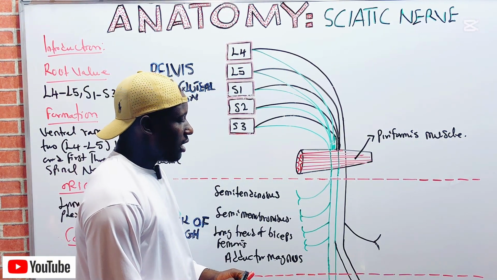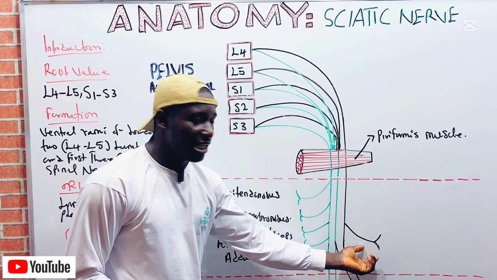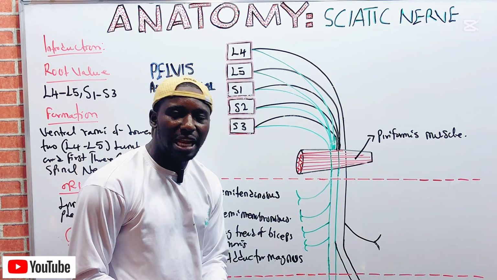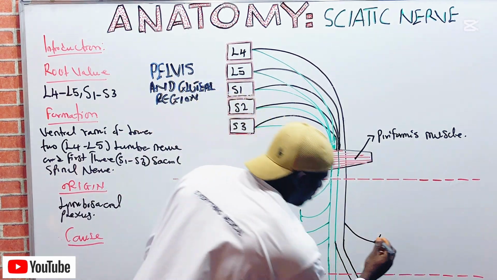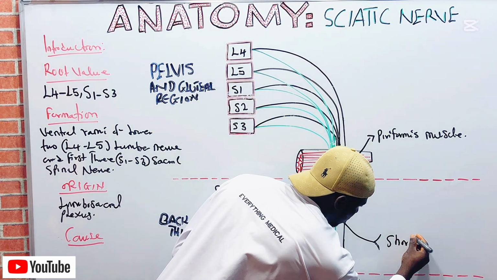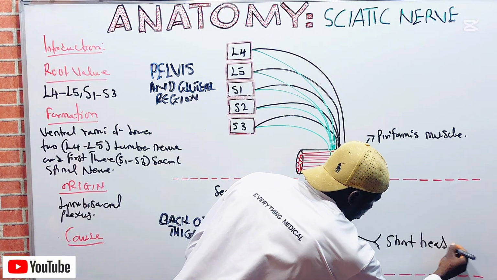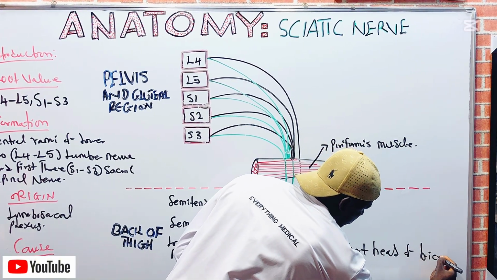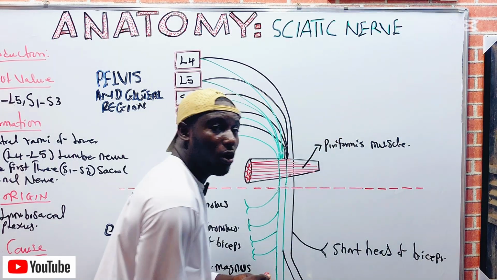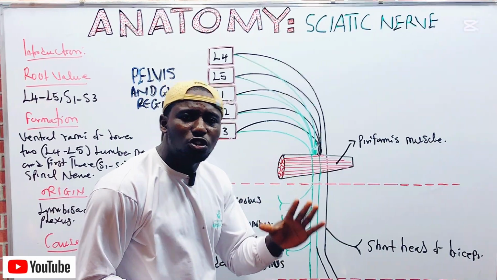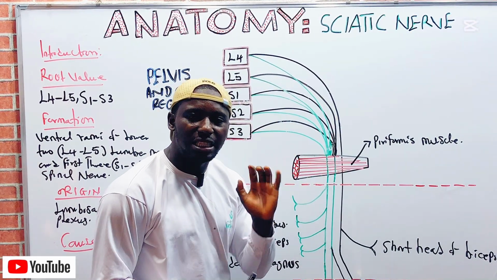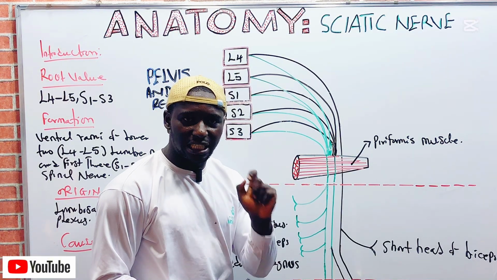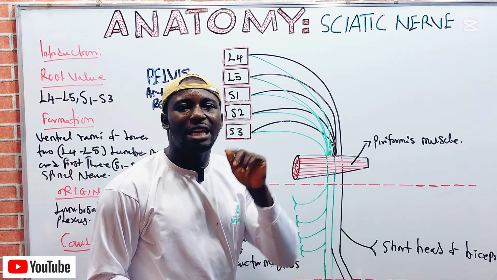Now, it also gives a motor branch which supplies the short head of the biceps. Recall that all the muscles of the posterior compartment of the thigh are innervated by the sciatic nerve through its two terminal branches.